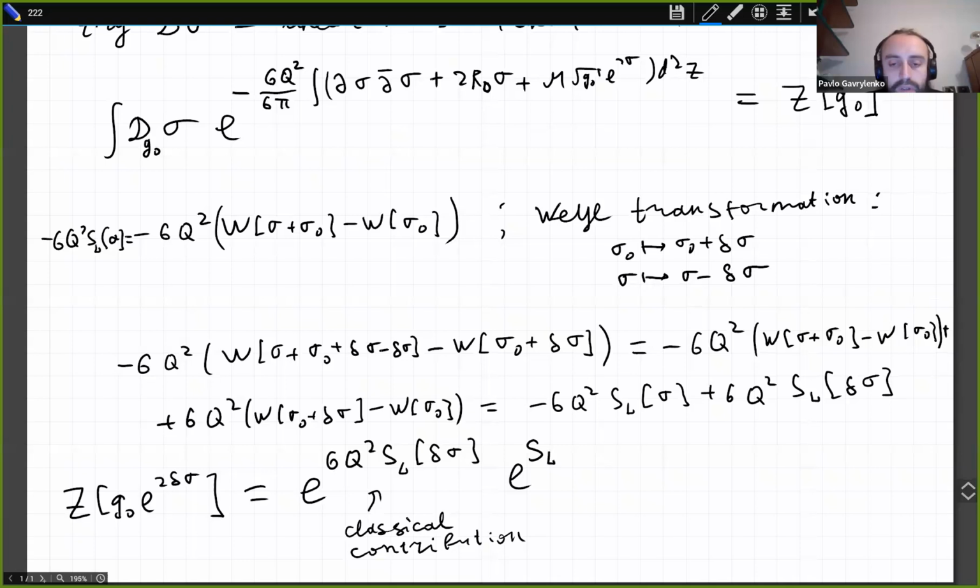So as Liouville of delta sigma, times this and this z of g0.